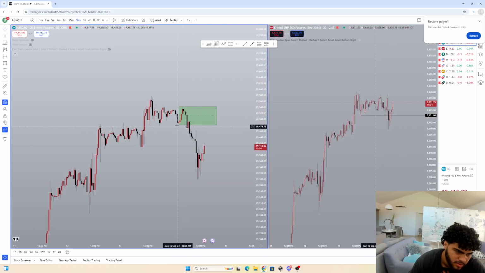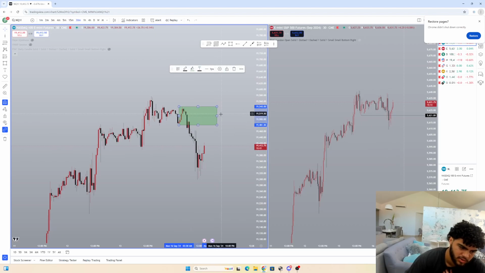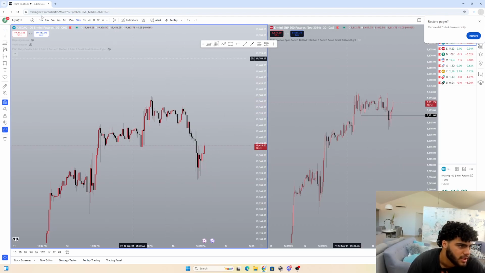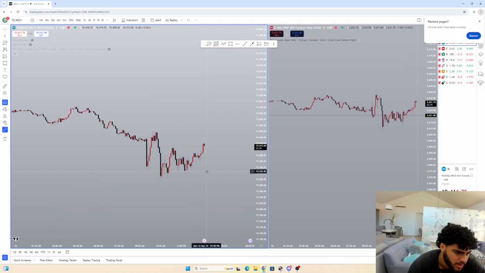This candle closure below the bottom wick of this bullish sequence turned this into an order block. If it just wicked below, it would not be an order block. But it had a candle closure below, and then we got to retrace into the order block, and then we displace from the order block. So it's a bearish scenario. It's a bearish order block. Okay. So now let's find a bullish order block.